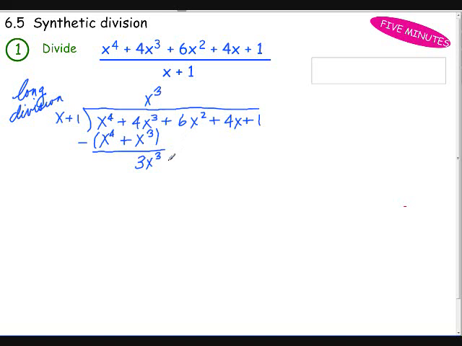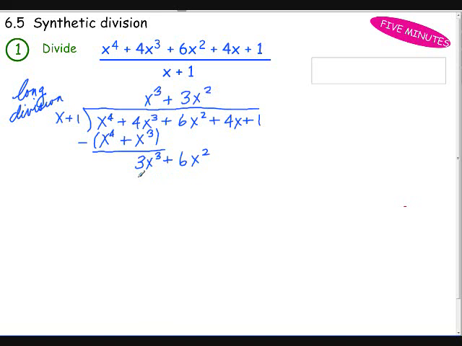I bring down the next term. My goal again is to get rid of the first term here. So I'm going to have to multiply x by, that's right, 3x squared, a positive 3x squared.